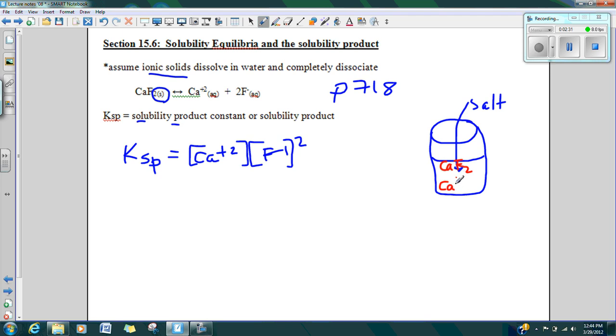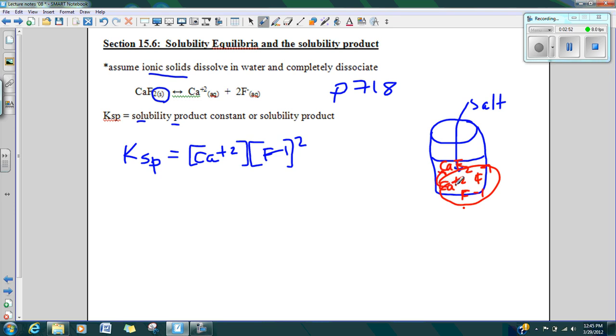I have some calcium ions that have already dissociated, and I'm going to have some fluoride ions that have already dissociated. I would have 2 fluoride ions for every 1 calcium ion. What you need to remember is that there might be some situations where these 3 ions orient themselves to come back into the solid form.